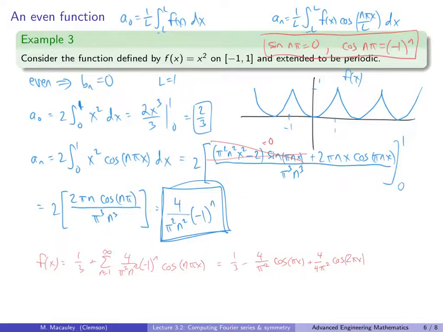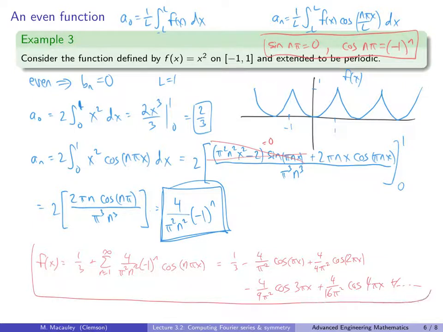Let's do 2 more. Minus 4 over 9 pi squared cosine of 3 pi x plus 4 over 16 pi squared cosine of 4 pi x plus minus, etc. So two different ways to write this.